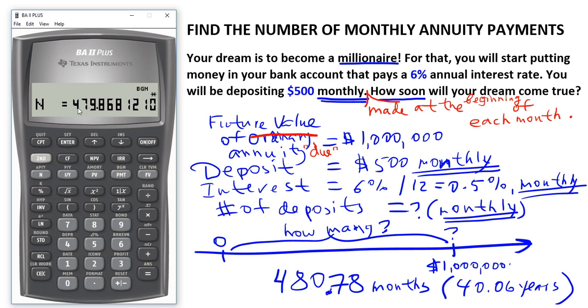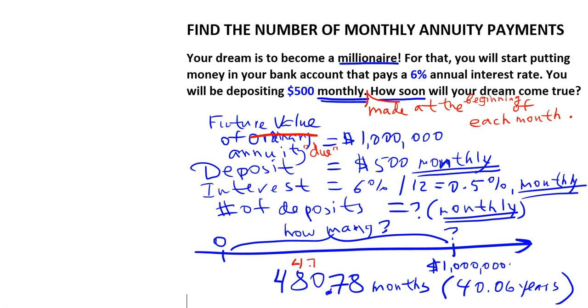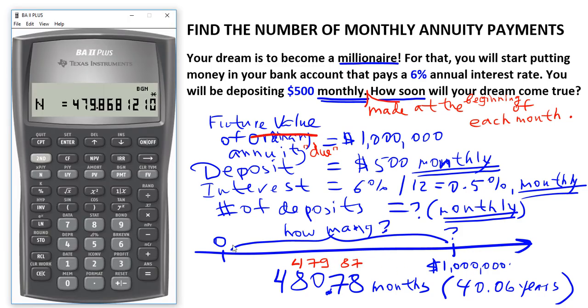What we now get is a slightly smaller number, approximately 479.87 months. Let's write it down. 479.87 months. What is it in years?